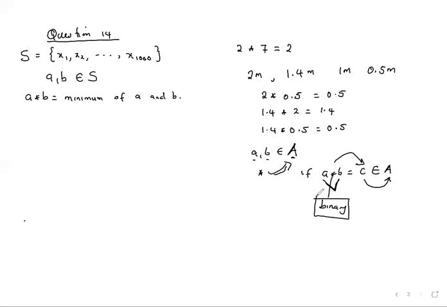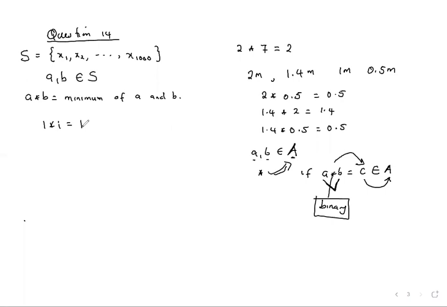So in this case of S, all the values you get will be heights of the students. Every two heights, if they are equal, then you have one solution, the minimum of A and B. If I have 1 star 1, the minimum is 1 because they are equal.